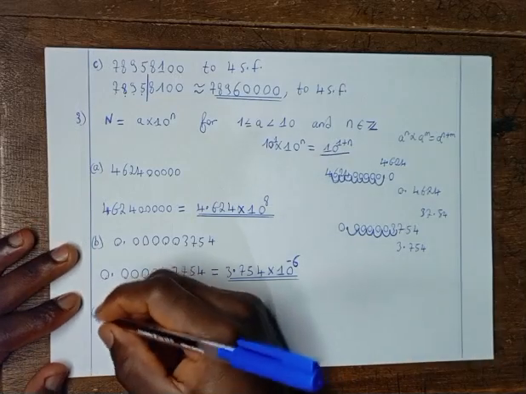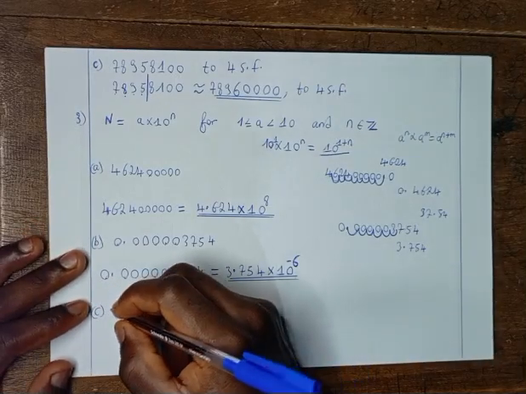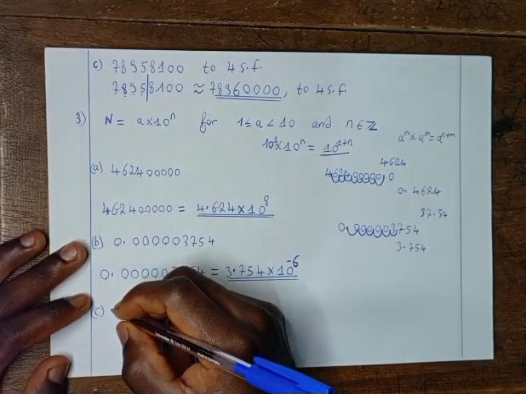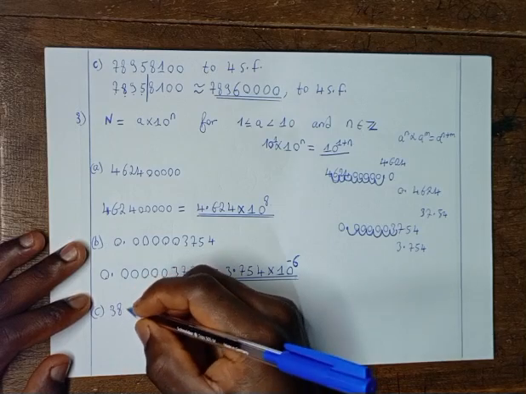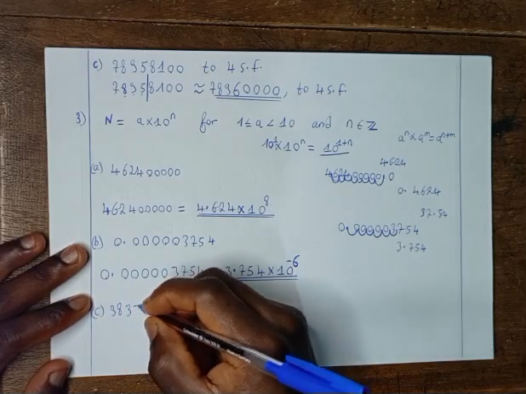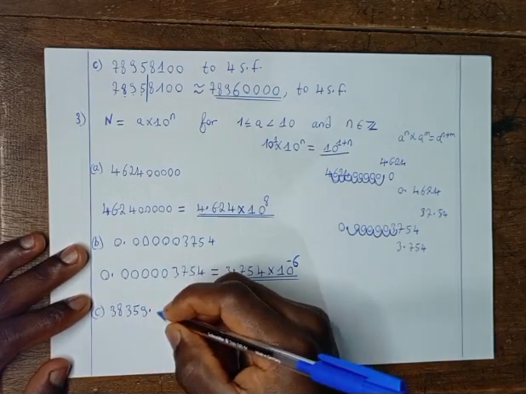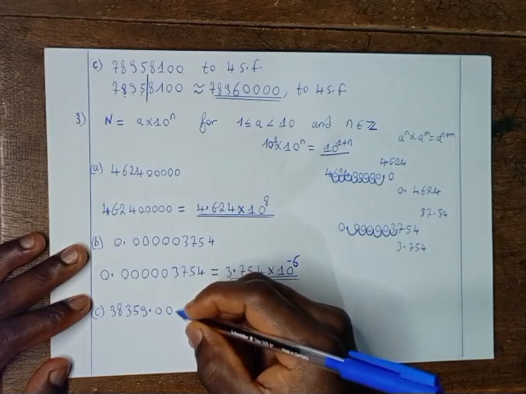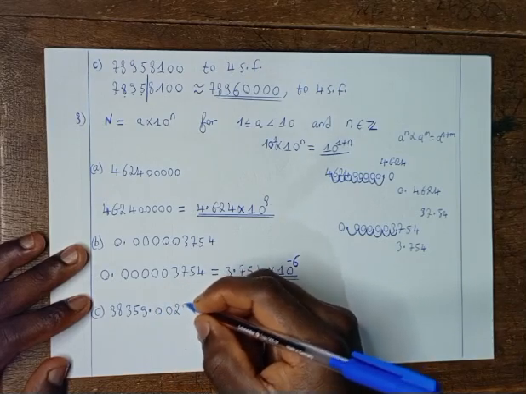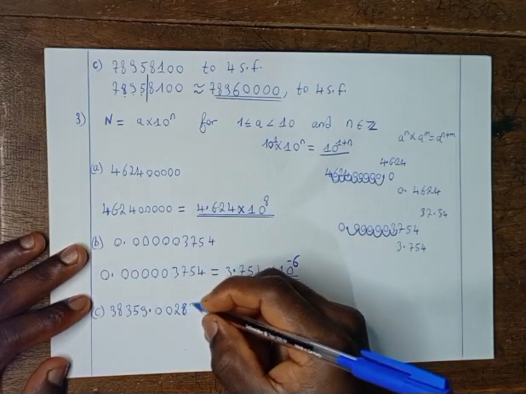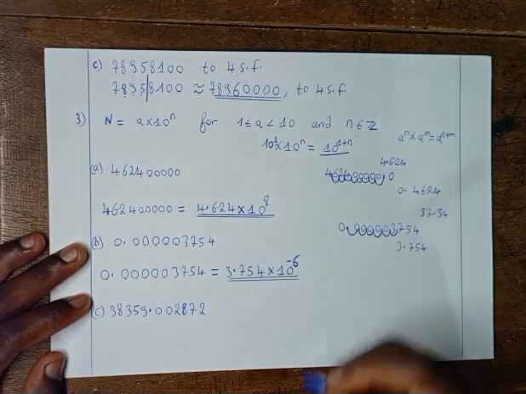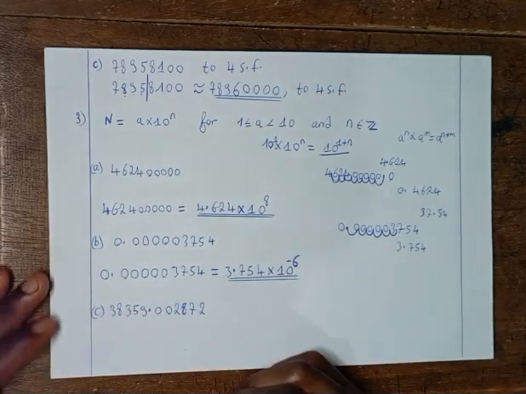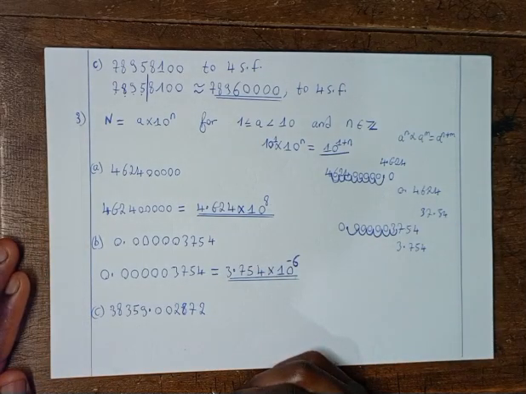Question C, the last one. We have the number 38,359.002872. In this case, we have to express this number in standard form.